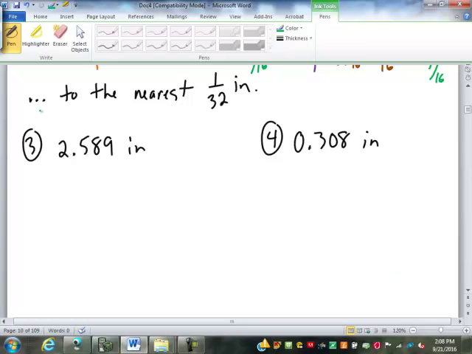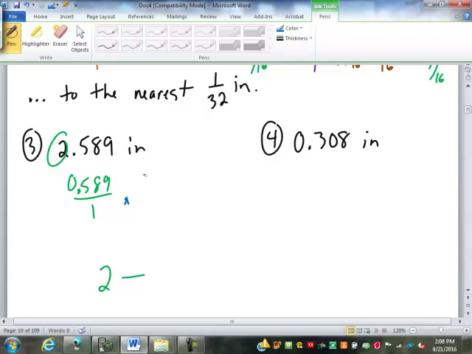So for number 3, you guys walk me through it. Somebody tell me what to do first. Leave the 2, good. Then what? Perfect, 0.589 over 1. Make sure we leave the decimal point in it for now. Then what?